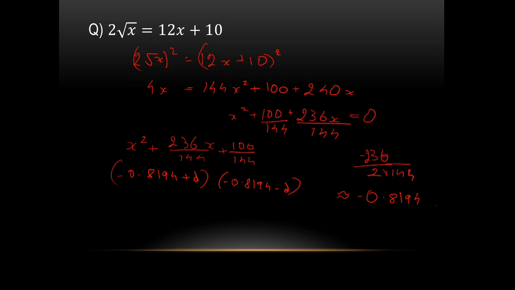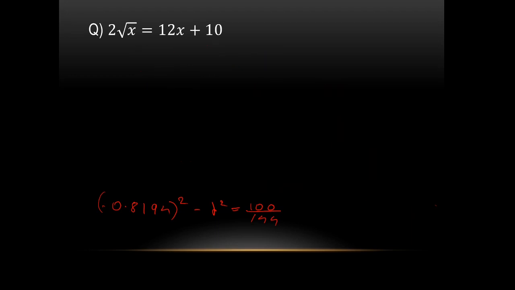So now use a squared minus b squared is equal to a plus b into a minus b, and we take it as 0.8194 whole squared minus d squared is equal to 100 by 144.